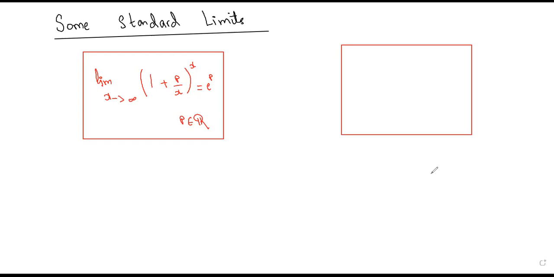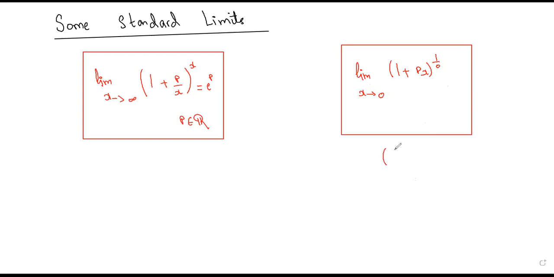And then if I talk about the second one, it is limit x going to 0, (1 plus px) to the power 1 by x. Okay. Now, what exactly is happening in this form? Again, we have that type of thing.